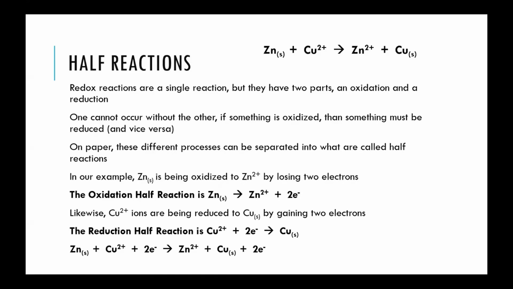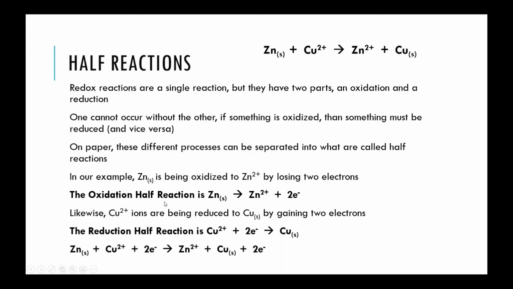Now, we looked at varying half reactions before, where we look at just either the oxidation half of the reaction or the reduction half of the reaction. In the simple example here of a simple redox reaction, we have zinc metal, solid zinc, reacting with copper ion to form zinc ion and solid copper.